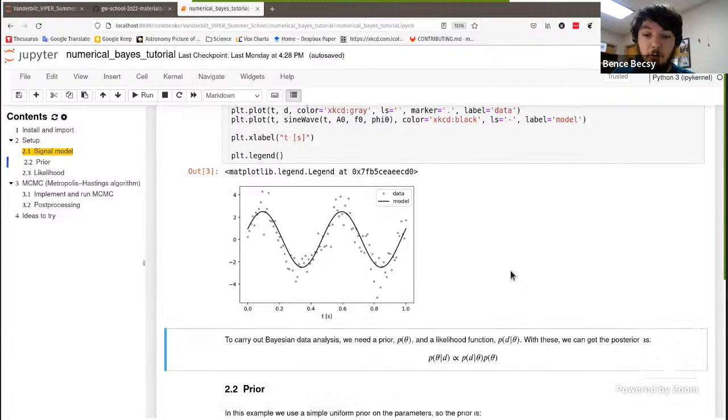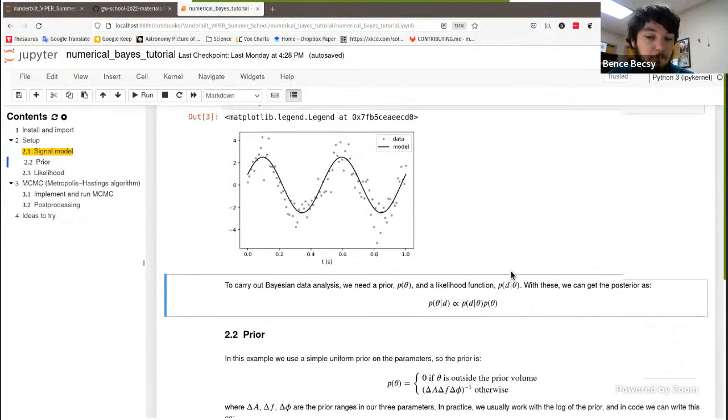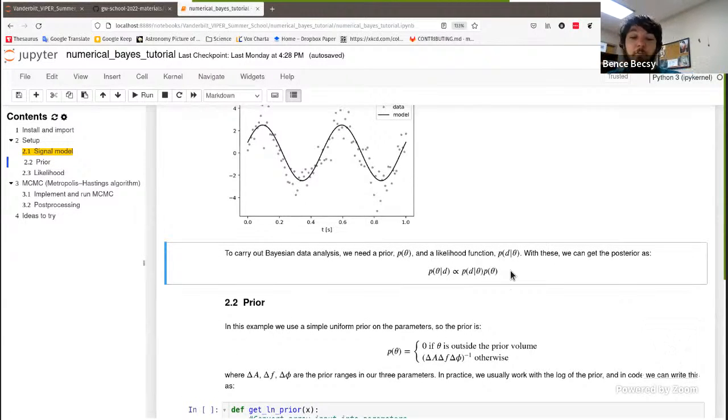So then we go on and implement our prior and likelihood to have those for the MCMC. For the prior we will use a really simple prior here. It will just be a uniform prior on all the parameters.